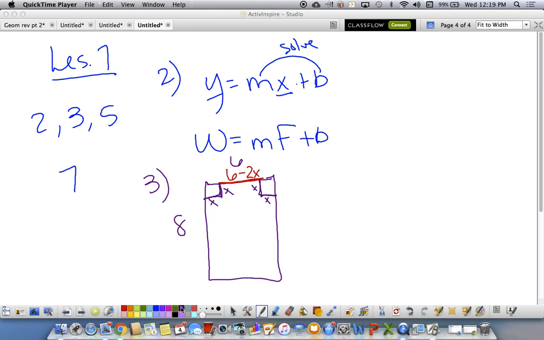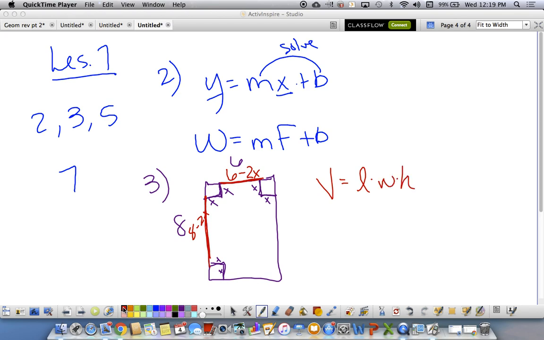And when they cut out boxes here that were x, 8 minus 2x. And so this piece that they folded up is 8 minus 2x. And then when you fold it up, what's the height of it? It's x.